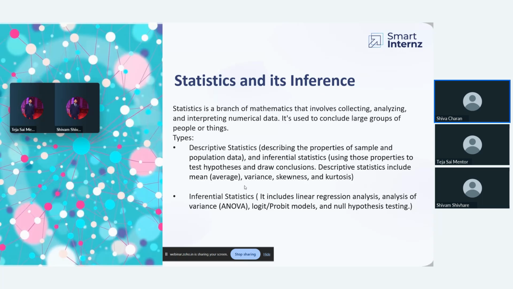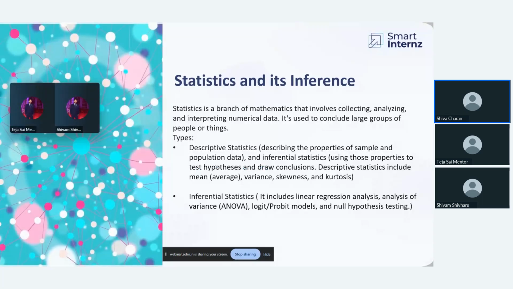So what is descriptive statistics? Describing the properties of the sample and the population data. We'll get to know about this sample and population data. These are very important, so please remember what sample data and population data are. And inferential statistics is using those properties to test hypotheses and draw conclusions.